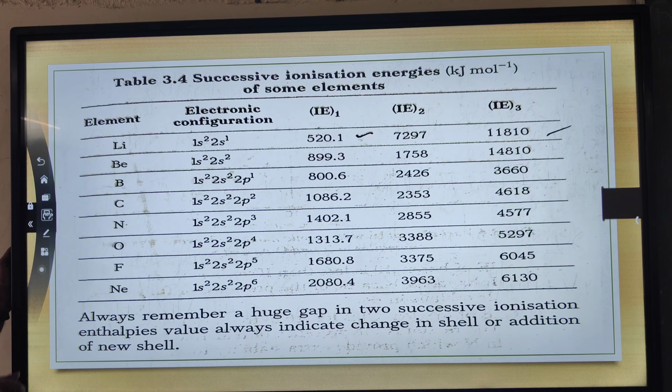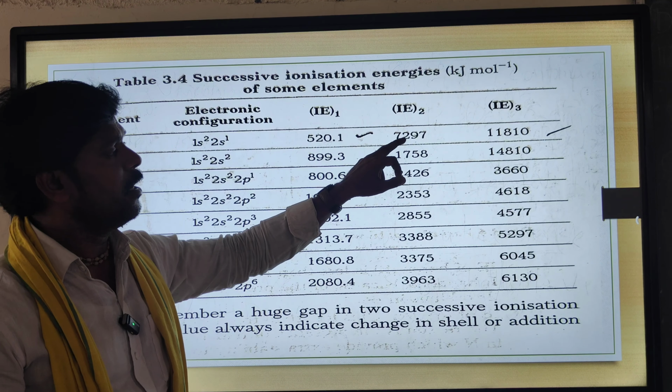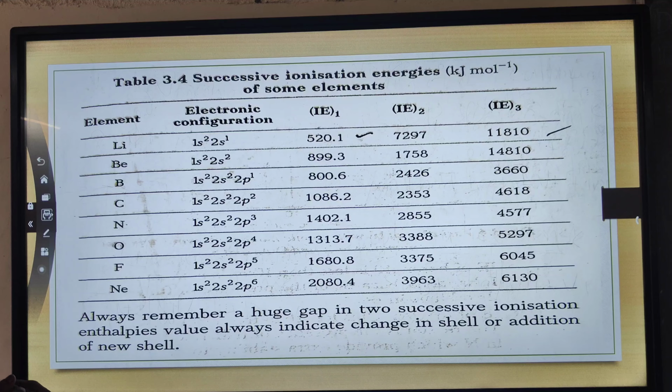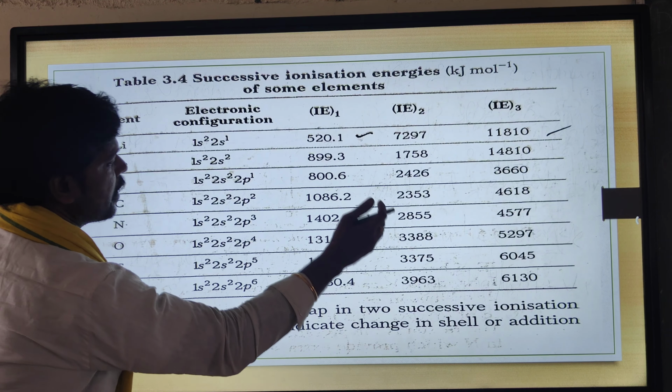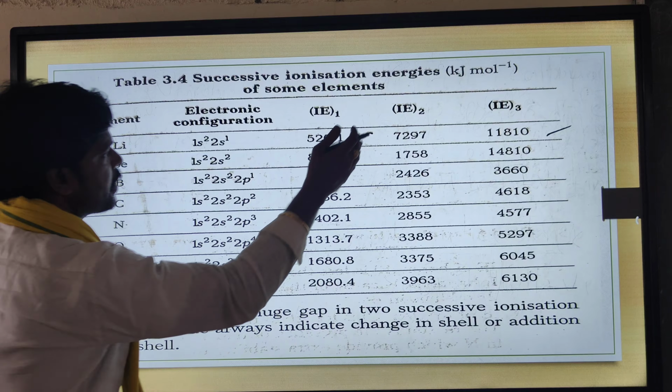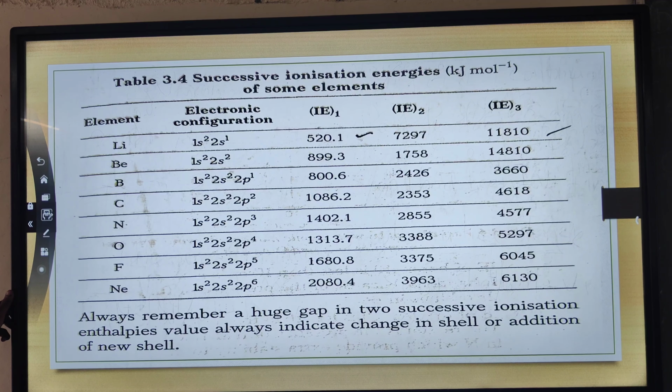The Li+ ion is equal to helium, an inert gas configuration. That's why lithium's second ionization energy is more than the first. For all elements, the second ionization energy is always greater than the first ionization energy.